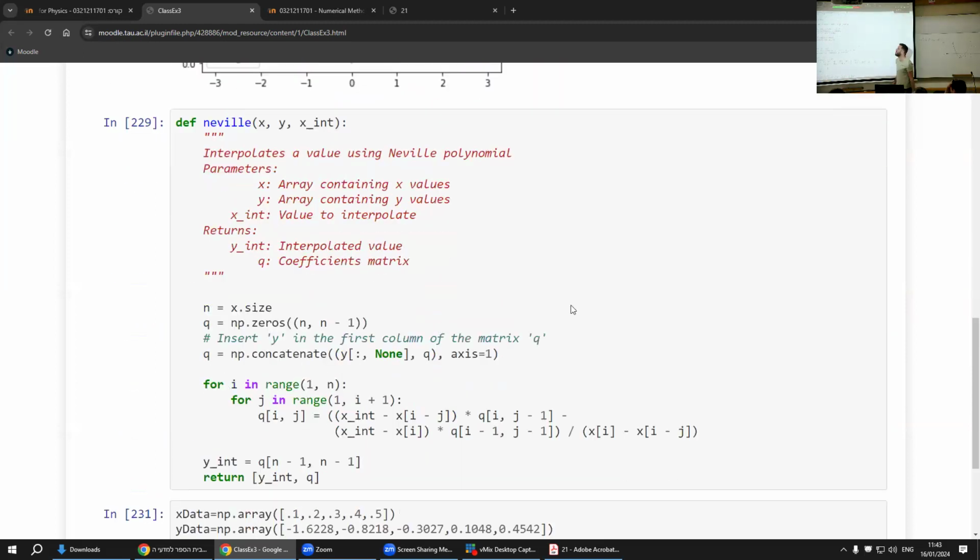And also here you have an example of implementation of the Neville algorithm. For the Neville algorithm, you give it the vector of x, the vector of y, the values at these x's, and the x value that you want to approximate or to evaluate or to estimate the function at. And how do we build it?